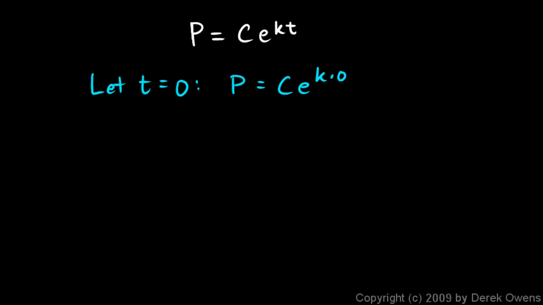And k times 0 is just 0. And e to the 0 is just 1. So that becomes 1. So P is equal to C when t is 0. So right at the beginning, P is equal to C. So C is the population at time 0. That's what C is. C is the initial population.